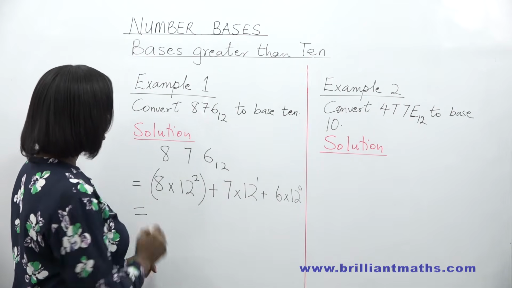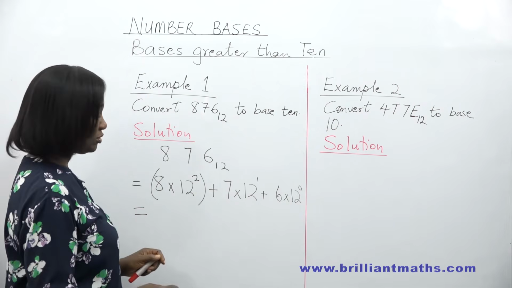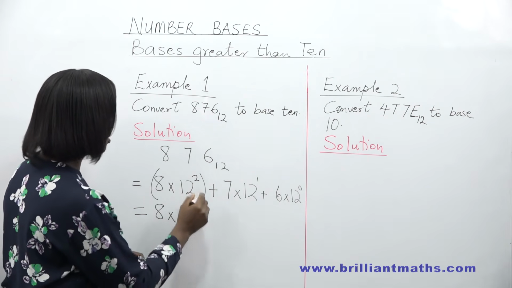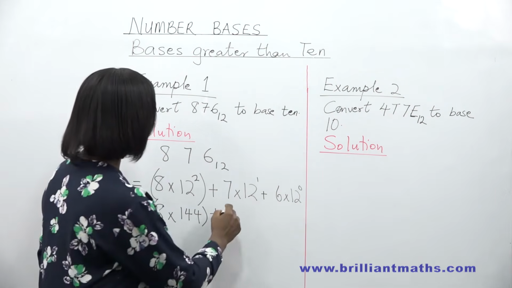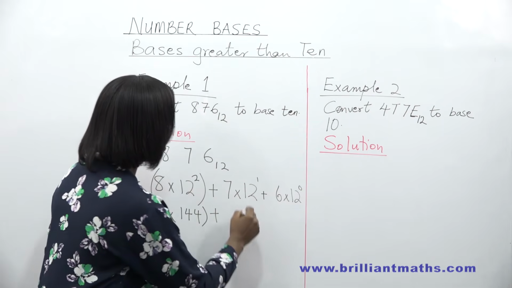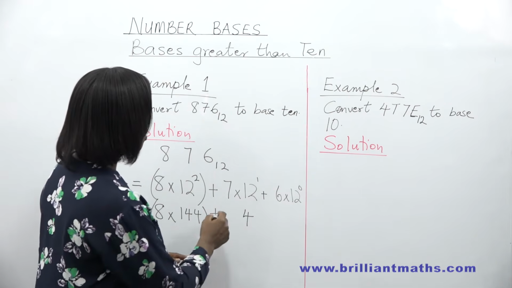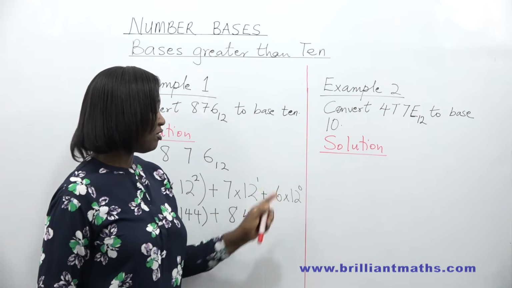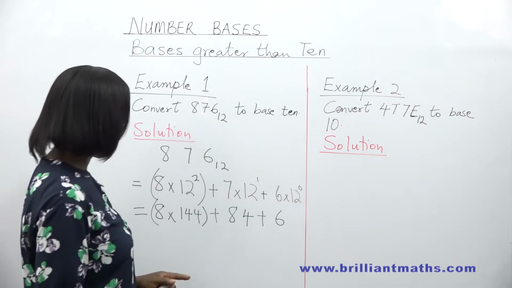Then we have 8 times 12 to power 2. That is 8 times 144, plus 7 times 12. 7 times 2 is 14, carry 1. 7 times 1 is 7, plus 1 is 8, so 84. Plus 12 to power 0 is 1, and 1 times 6 is 6.